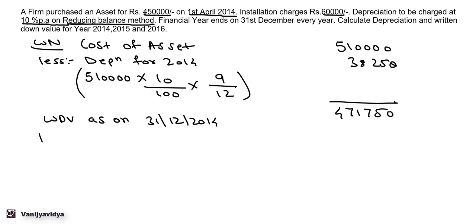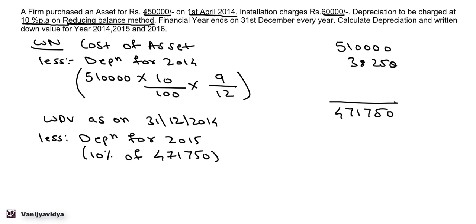Then less depreciation for 2015. Now depreciation for 2015 will be 10% of written down value, that is 4,71,750. So that comes to 47,175.